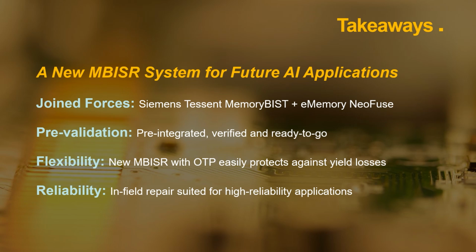Third, the system features an ultra-high capacity OTP that ensures superior yield protection. Most importantly, the low energy required for programming OTP makes it ideal for in-field or on-system repair. This is especially valuable in high-reliability applications, such as automotive, where optimal protection is critical.